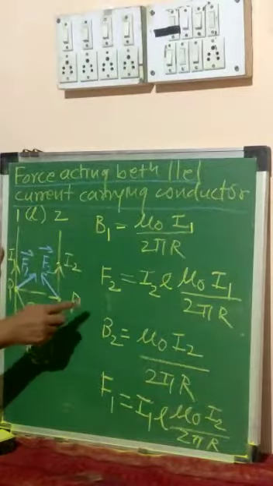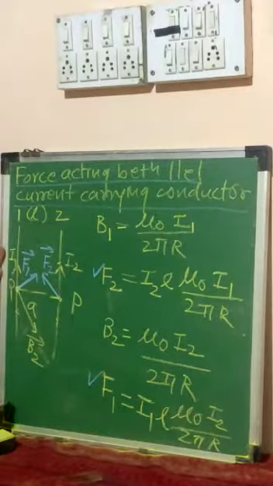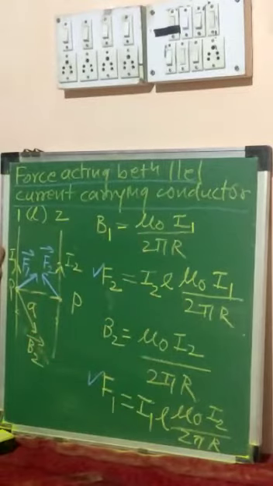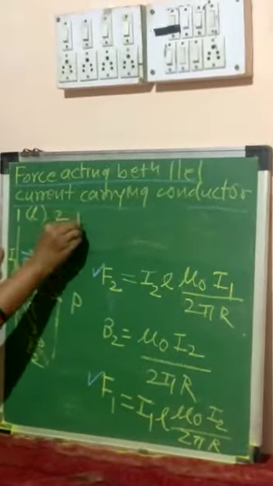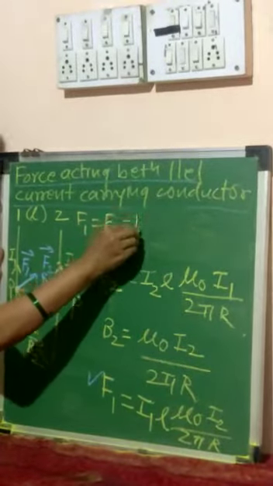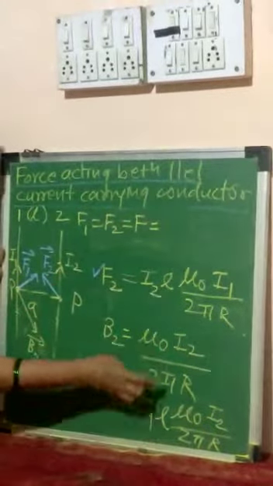Now if you concentrate on F2 expression and F1 expression, both the expressions consist of the same terms, and therefore I can write down that your F1 force is equal to F2 force, which is equal to some force F. Now concentrate which terms will be there.